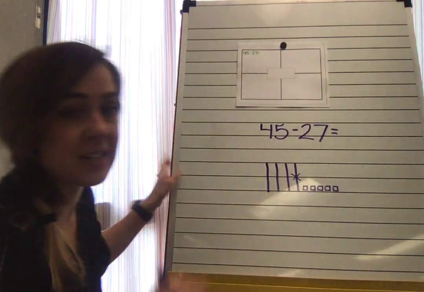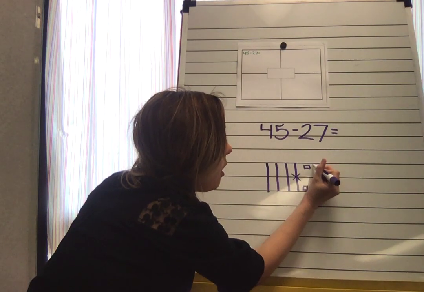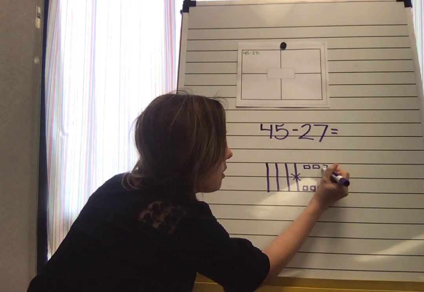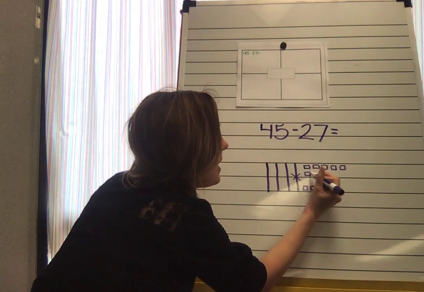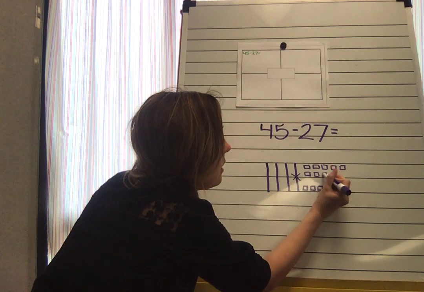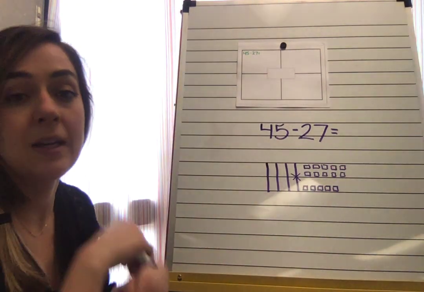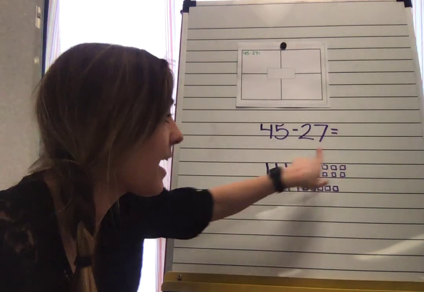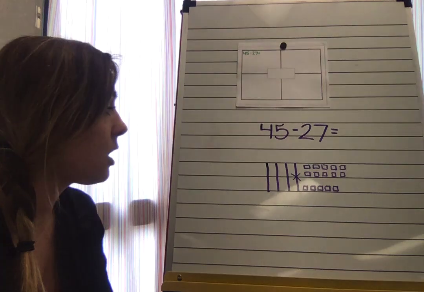We cross him out because he's not in a group anymore, and we draw him all broken apart. 1, 2, 3, 4, 5, 6, 7, 8, 9, 10. Okay, now that he's broken apart, we now have enough ones to take away 27.